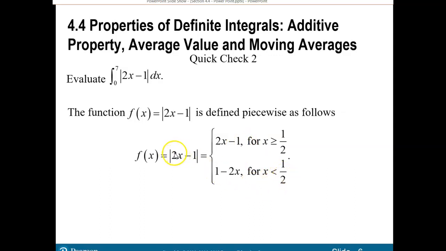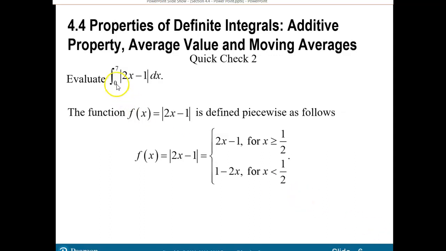So it's basically negative 2x plus 1, changing the signs of both. So negative 2x plus the 1 is the same as positive 1 and a minus 2x. So you leave it as it is for x greater than the value that makes it 0, and you change the signs of all the terms for the x's less than that number.